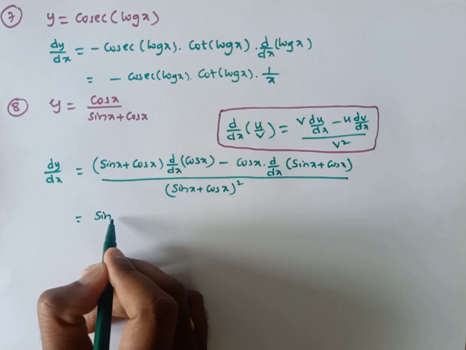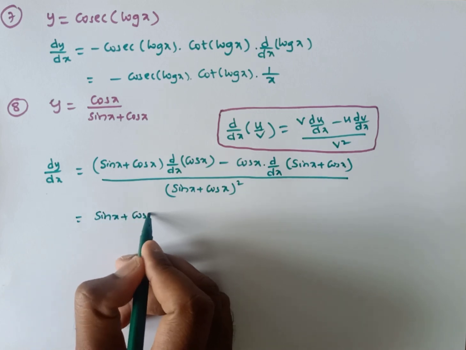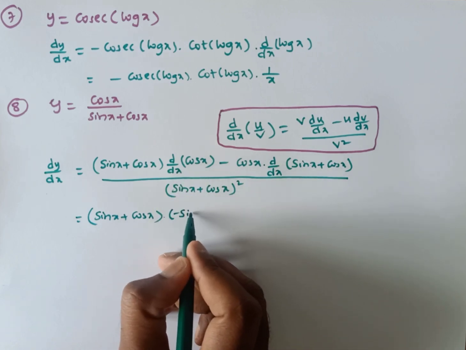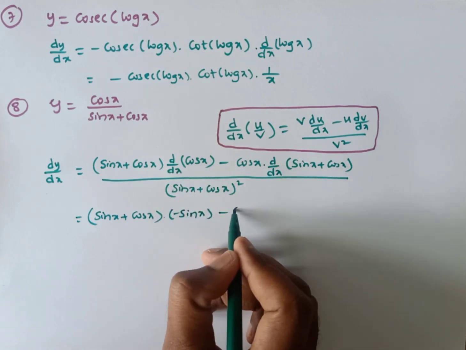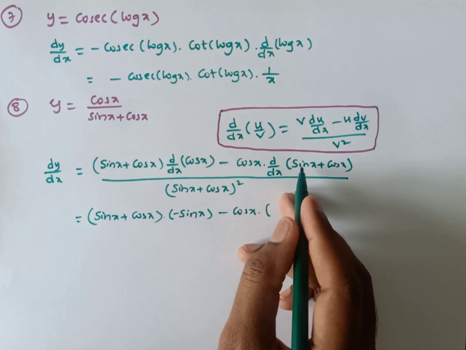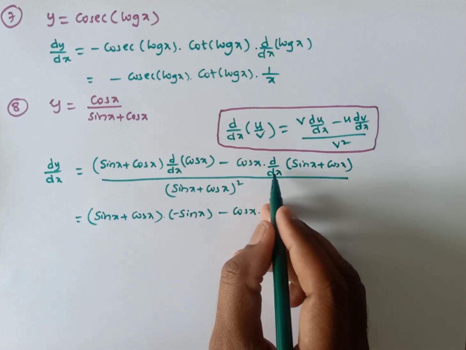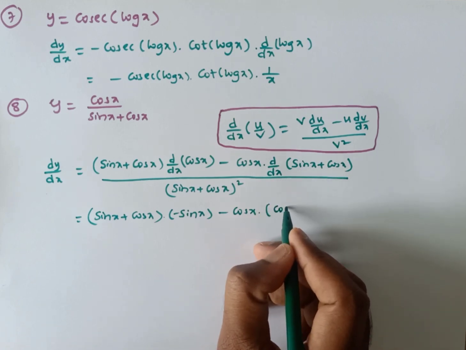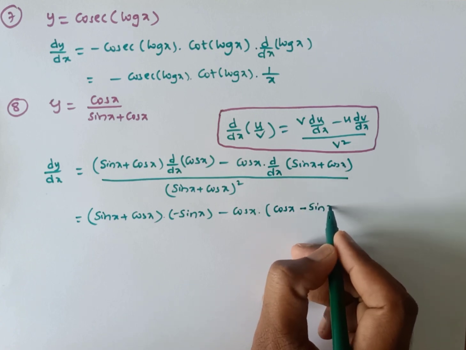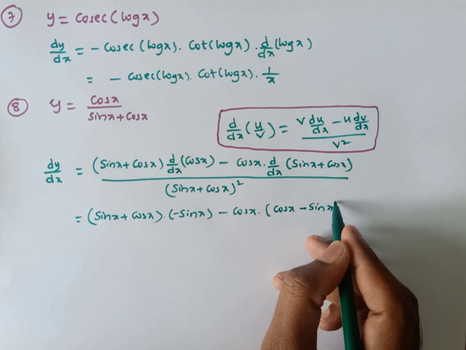Now it is sin x plus cos x into the derivative of cos x, which is minus sin x, minus cos x into the derivative of u plus v. So derivative of u plus derivative of v. So d by dx of sin x is cos x, minus sin x, the derivative of cos x.